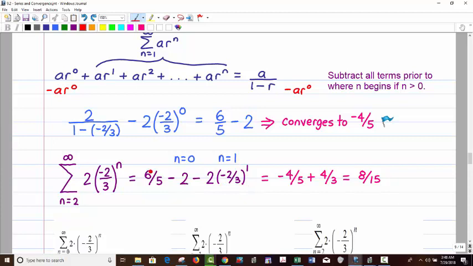So when you put 1 in here, 2 times negative 2/3 is negative 4/3. So 6 over 5 minus 2 is negative 4/5, plus 4/3. Well, there it is right there. And now add 4/3 to that, and I get 8 over 15.